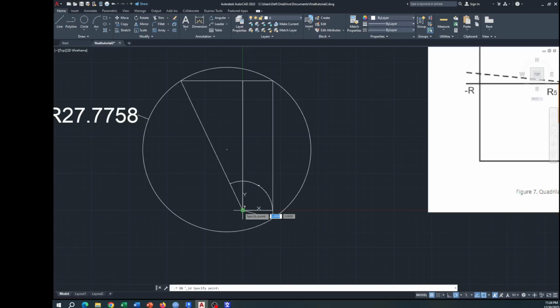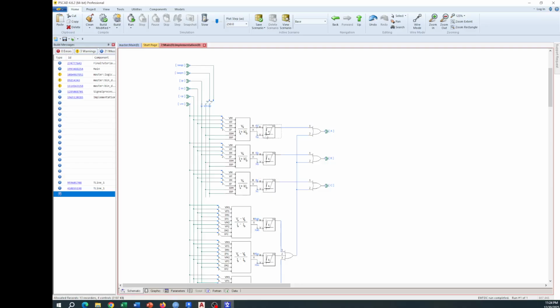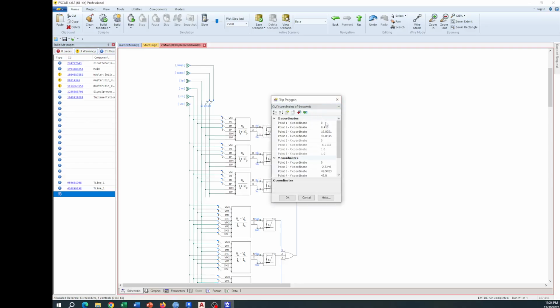This one is easy, 0 0. Look, this one is 10, minus 2.6795. So the first one is 0 0, the second is 10, minus 2.6795.